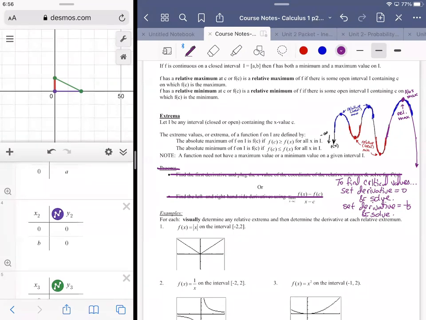For each, visually determine any relative extrema and then determine the derivative at each relative extremum. This is actually going to give us an avenue into understanding why this works the way it does. First off, I want to address continuity.